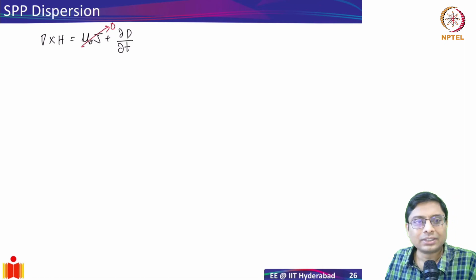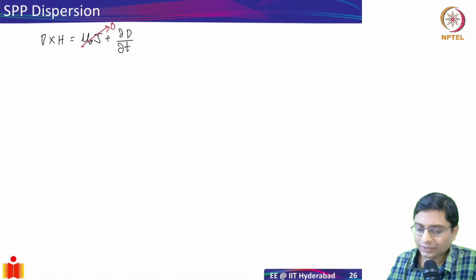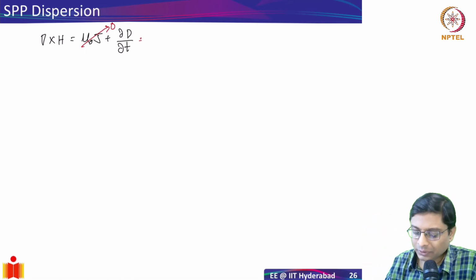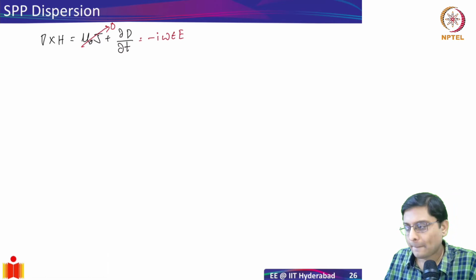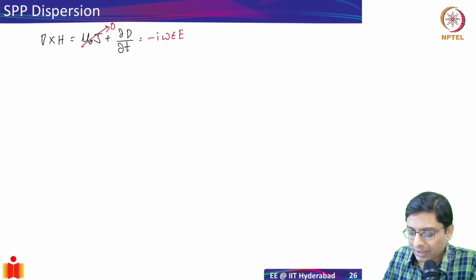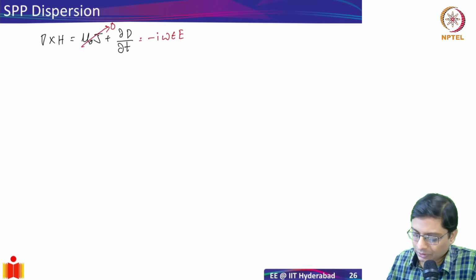If you have a monochromatic plane wave, the time dependence is exponential of minus i omega t, which is what we have assumed for plane waves. So if I take the time derivative, I get minus i omega, and D is epsilon times E, so the derivative gives minus i omega epsilon E. Also, what did we assume?